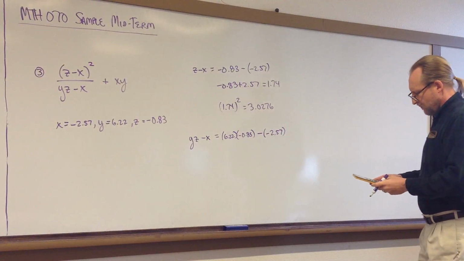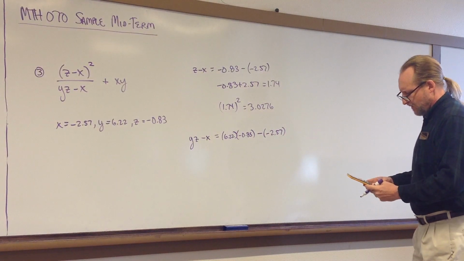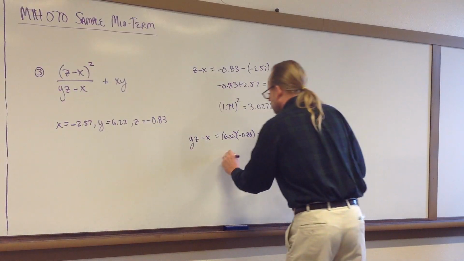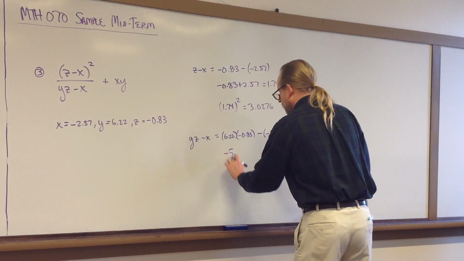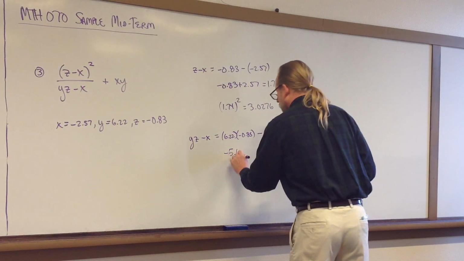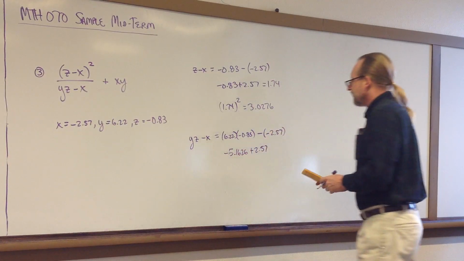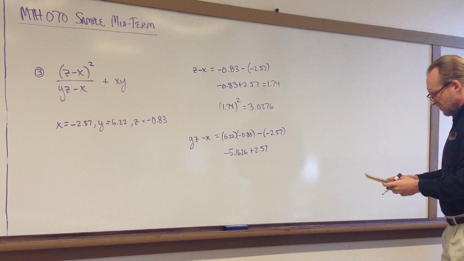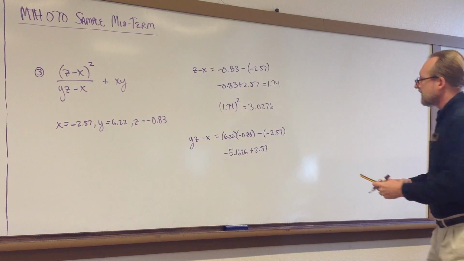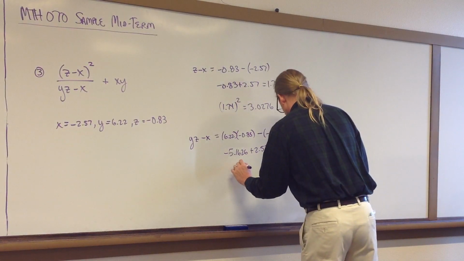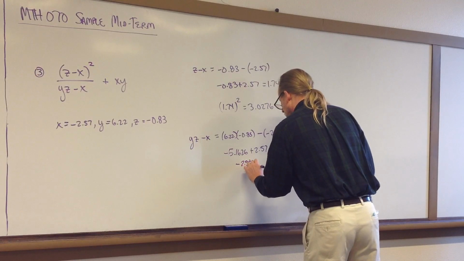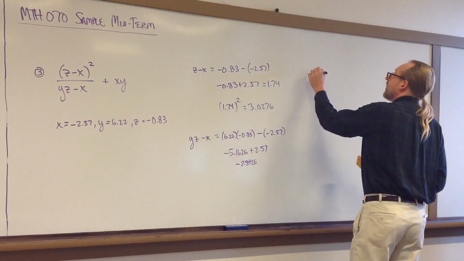So 6.22 times negative 0.83 is negative 5.1626, and then we're going to add 2.57 onto that. And that's going to be negative 2.5926.